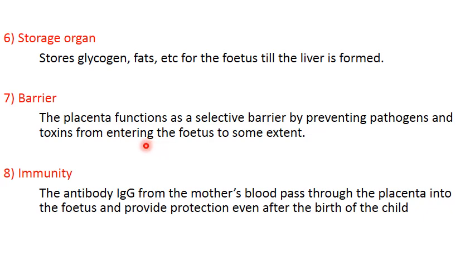But the first 3 months, the first trimester, is very critical for the pregnant female, because during that time there are chances of infectious agents or drugs, or if she has alcohol or smoke, affecting the fetus.